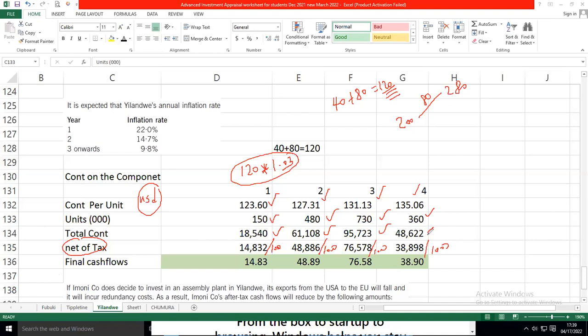Mr. Siri, which tax is going to be used on the contribution on the component? It's still the 20% because this was earned in the USA.